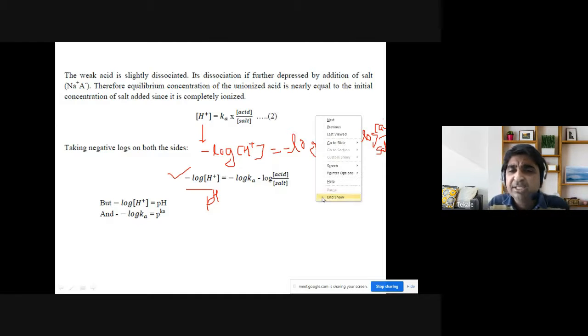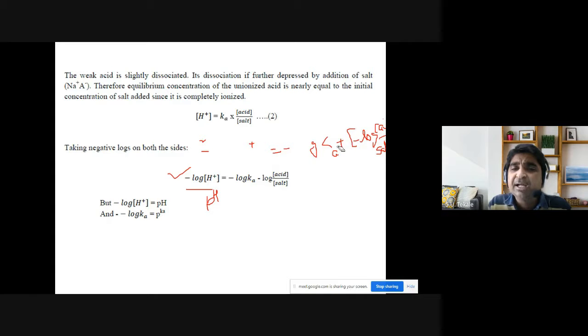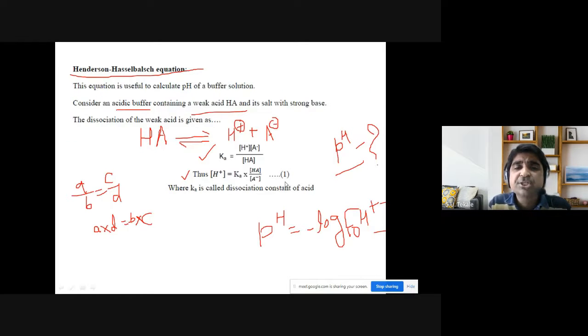So what we have seen up till now is an example of an acidic buffer. That acidic buffer solution will consist of H plus ions and A minus ions, obtained by the dissociation of this weak acid.